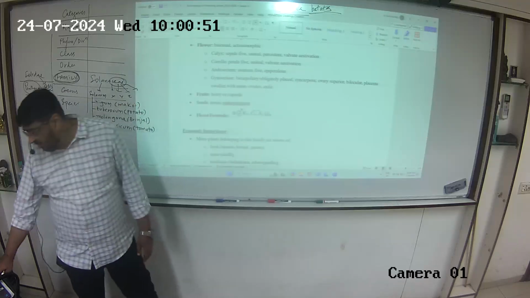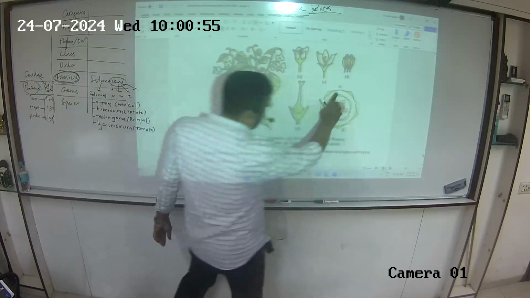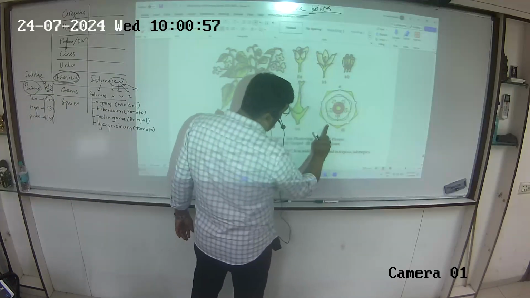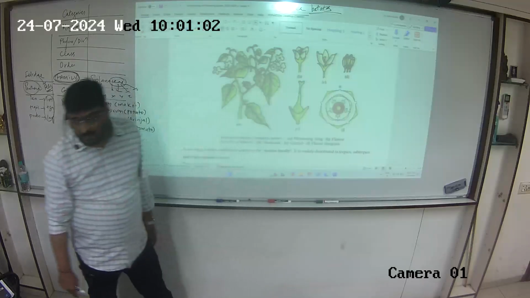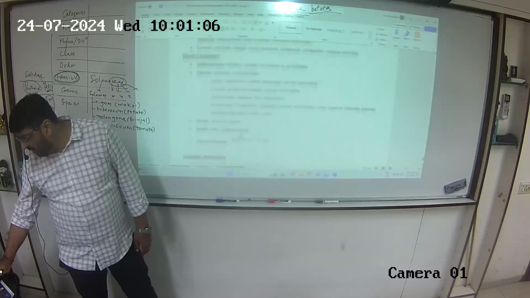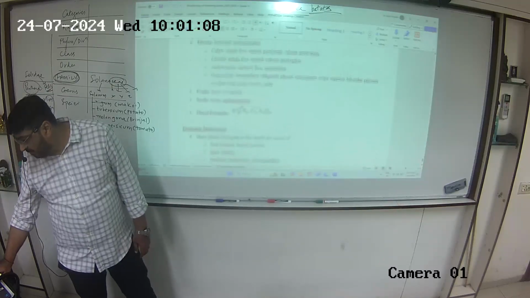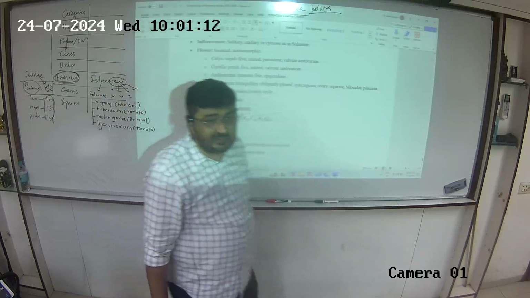In valvate estivation, if you look at this diagram, can you see members are just touching each other? In fact, corolla के अंदर भी valvate estivation है, ठीक है? But valvate estivation के पहले एक छोटा सा term है, वहाँ पे लिखा है persistent. It is a persistent calyx.